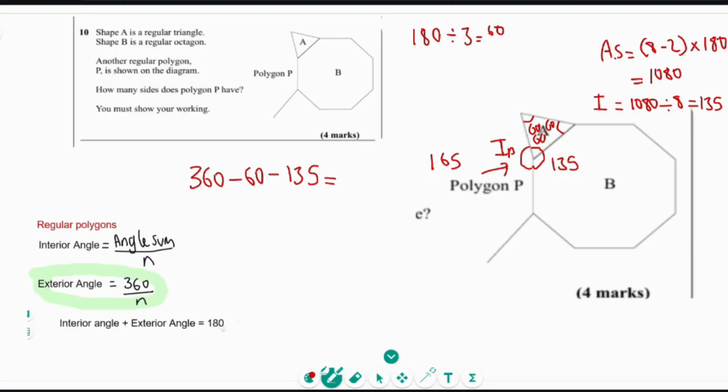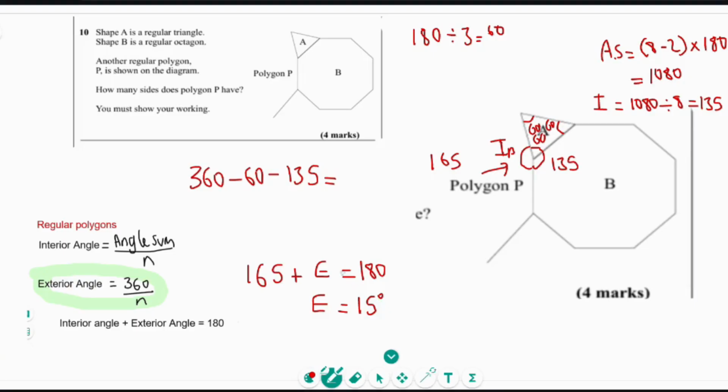So let's use this formula here. Interior angle add exterior angle is equal to 180. Take 165 off both sides, which gives us 15 for the exterior angle.